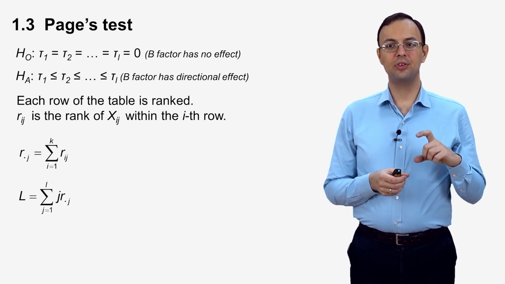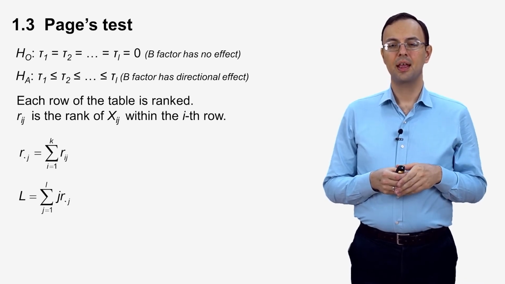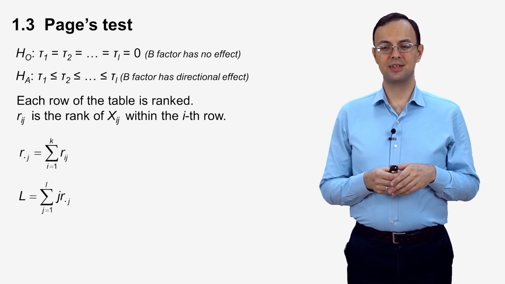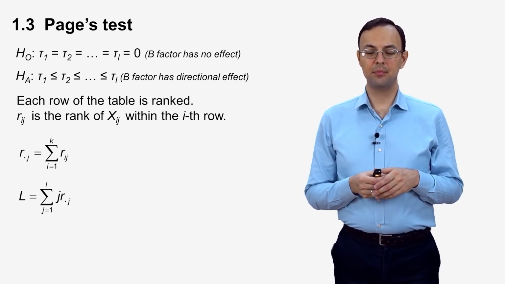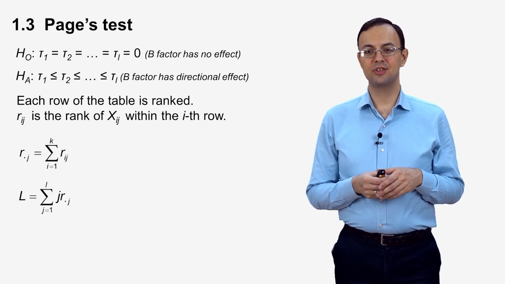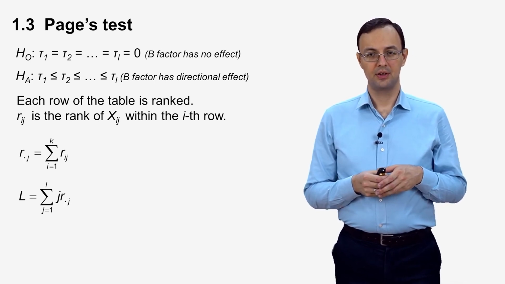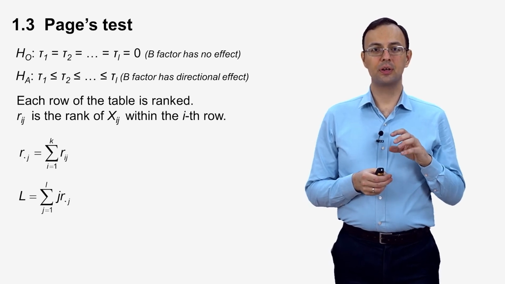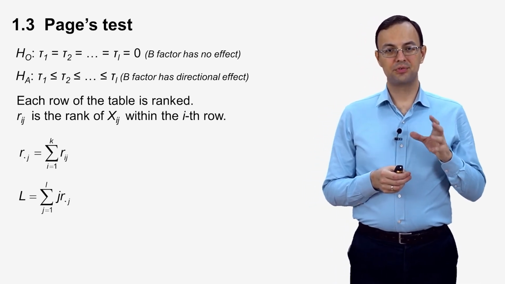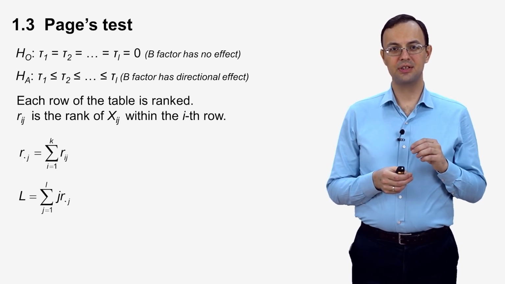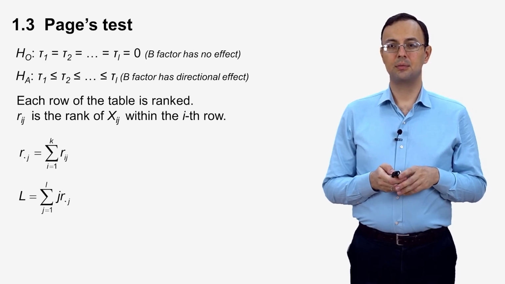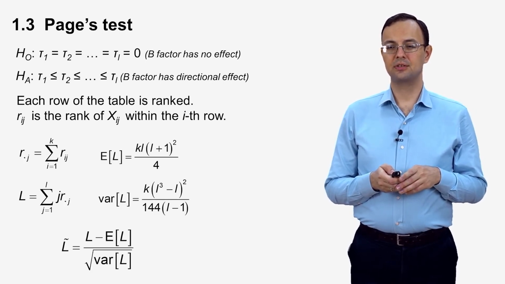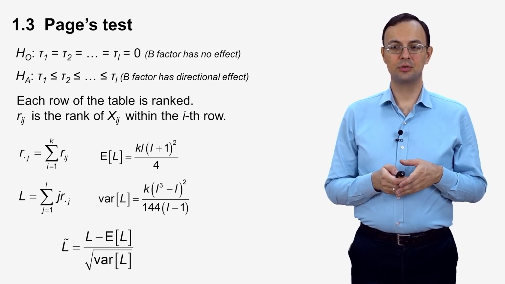And the test statistic is the sum for j from 1 to L of j times R dot j. So the sum of ranks for the jth column is multiplied by the column's number. Then Page proved that the test statistic L is also asymptotically normal.